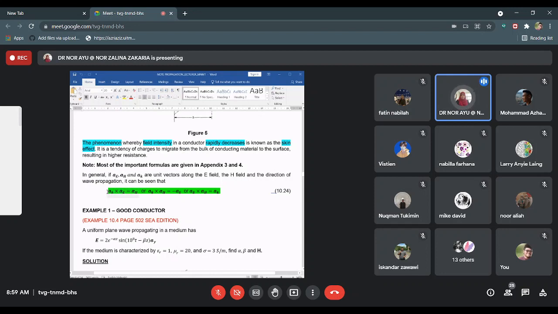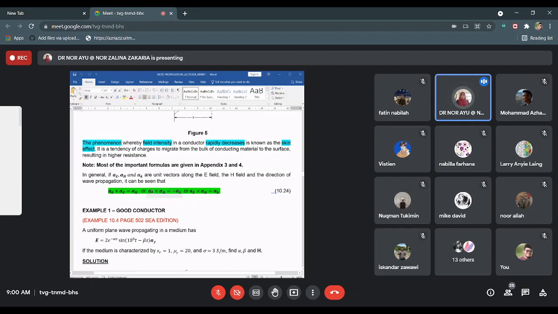But it depends on what your K, your E, and your H are. This is not an equation, but it helps you find the direction of your propagation. So K is the direction of your wave propagation. So aK cross aE, you will get aH.